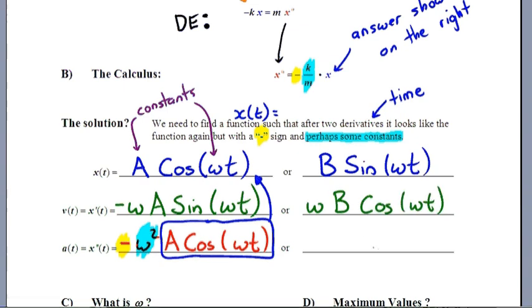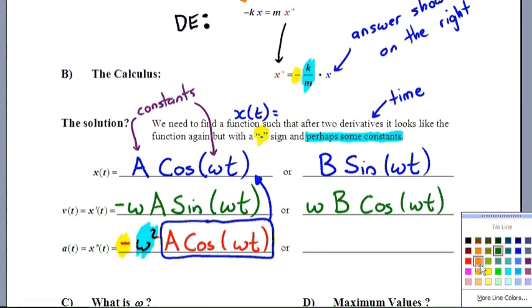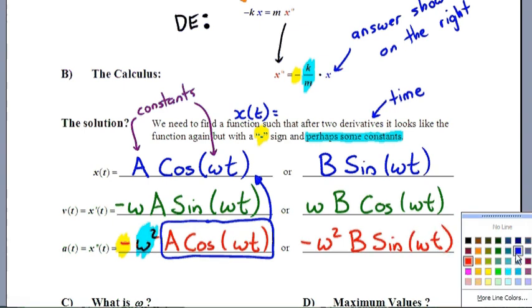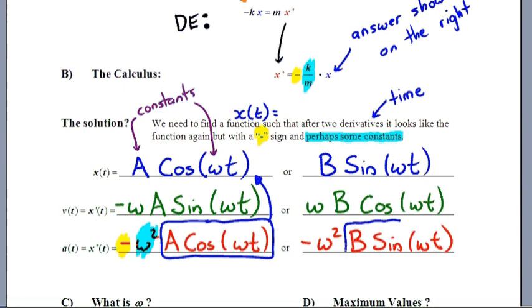Well, you do one more derivative, and you're going to find that you pick up a minus sign now, and another omega to join the one that's out there. The B is still hanging around, wondering what's going on, and then you would be back to sine of omega t. And so sure enough, this is also good enough. It satisfies this condition that after two derivatives, I'm back to where I started, but I've picked up a minus sign and some sort of constant.